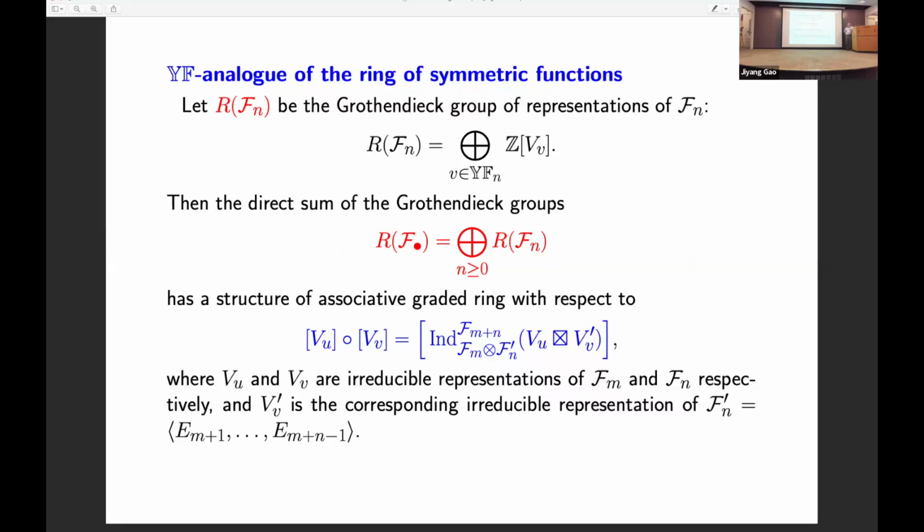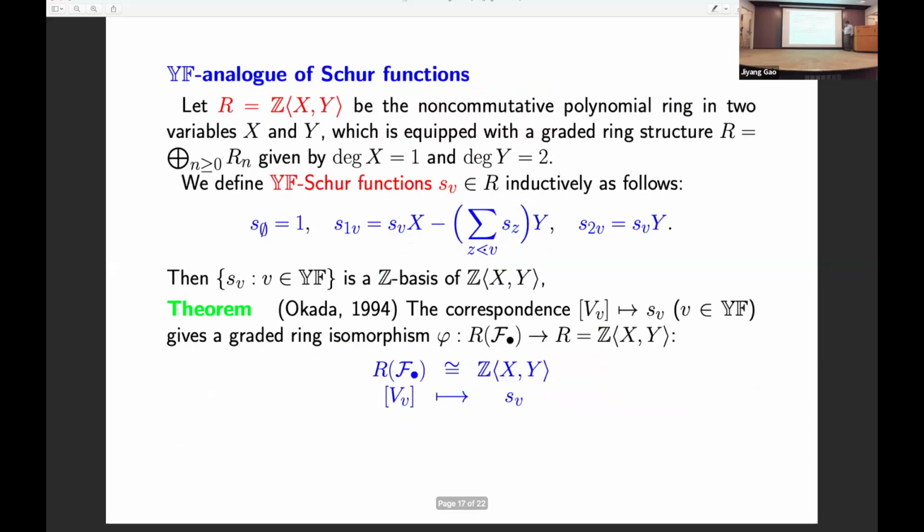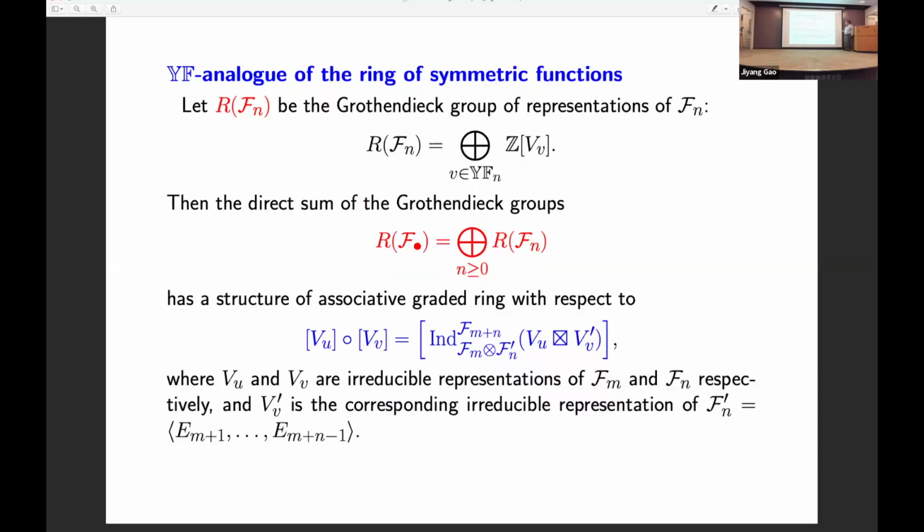This is the first algebra. The second one is the analog of Young-Fibonacci symmetric functions. Right now Fn has a Grothendieck group of representations, so that is the Z module with basis of the irreducible representations, and consider the direct sum of these Grothendieck groups.